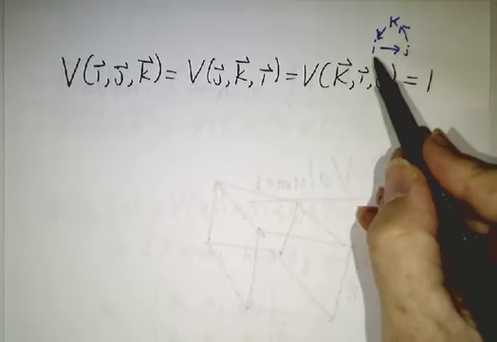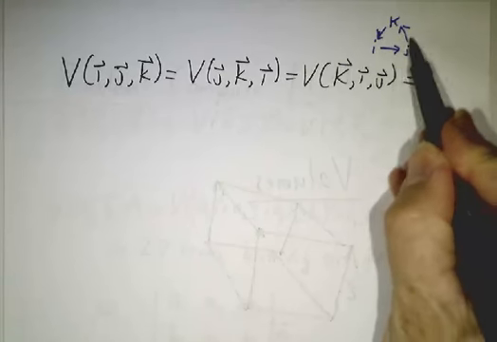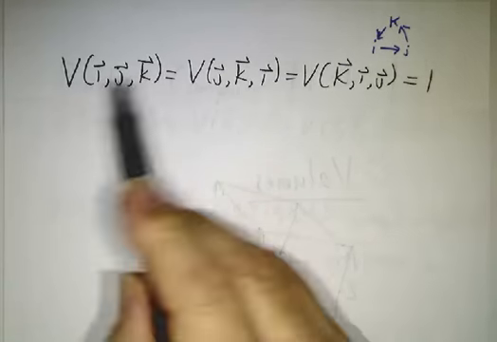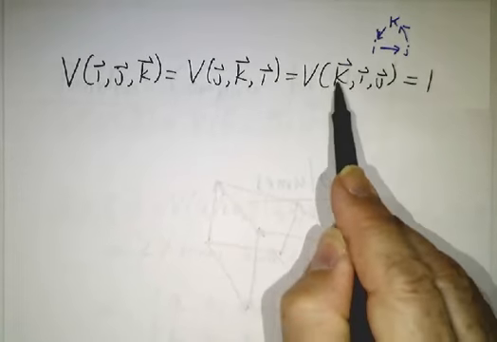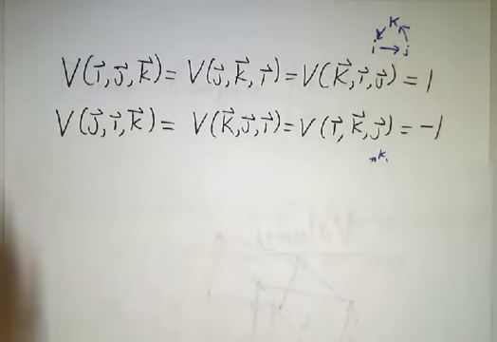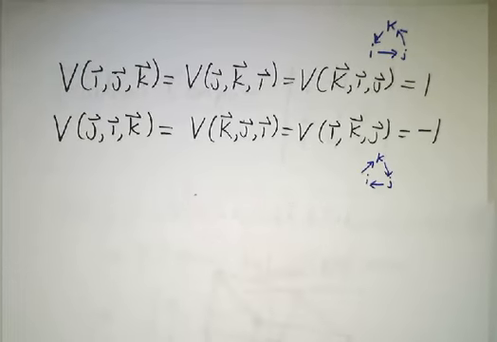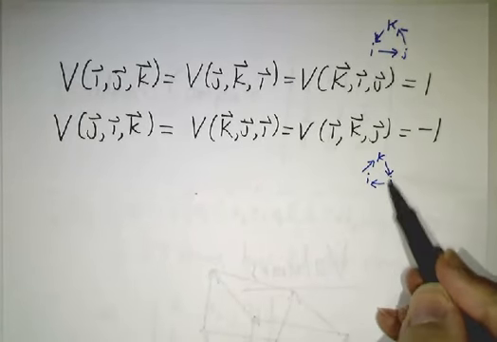And the way to remember it is this is a cycle: ijk, ijk, ijk. As long as they keep going in that cyclic order, you get a plus 1. And if they go in the opposite order, if they go jik or kji or ikj, you get a minus 1.